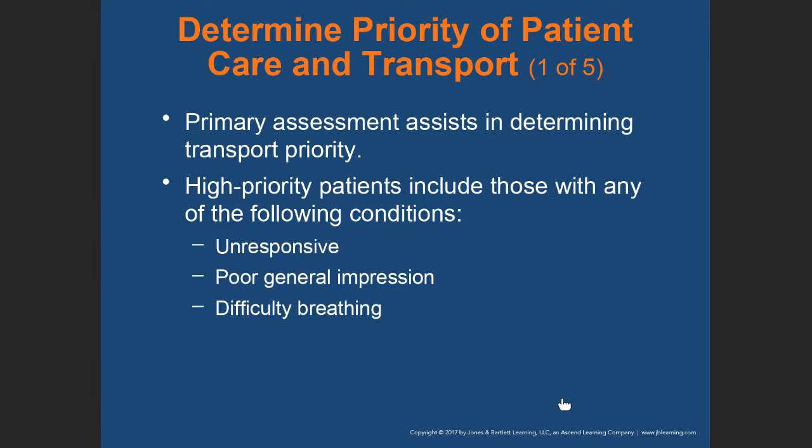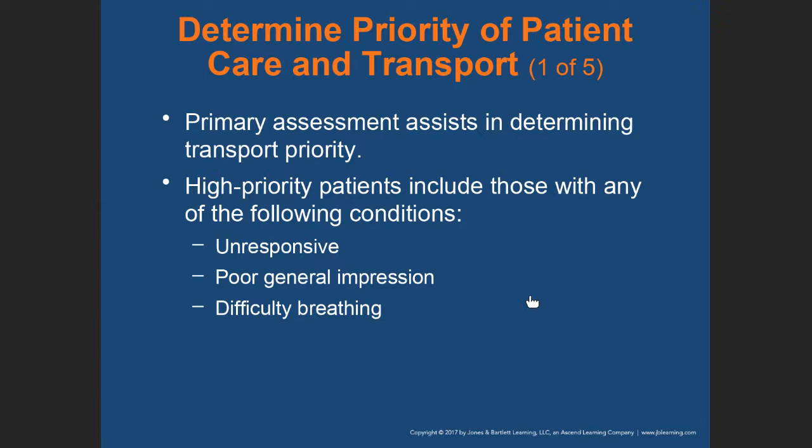If their ABCs are stable and the injury or illness is not extreme, or the injury is localized, we can stay and play and then package for transport. But once ABCs are compromised, we need to load and go. And it doesn't mean you're gonna package a patient and drive like crazy.